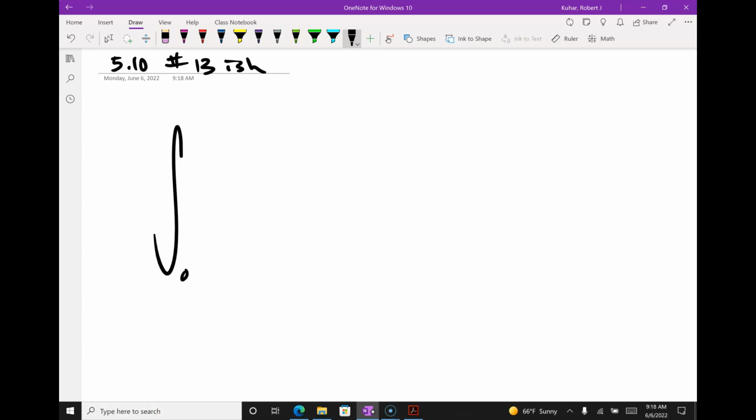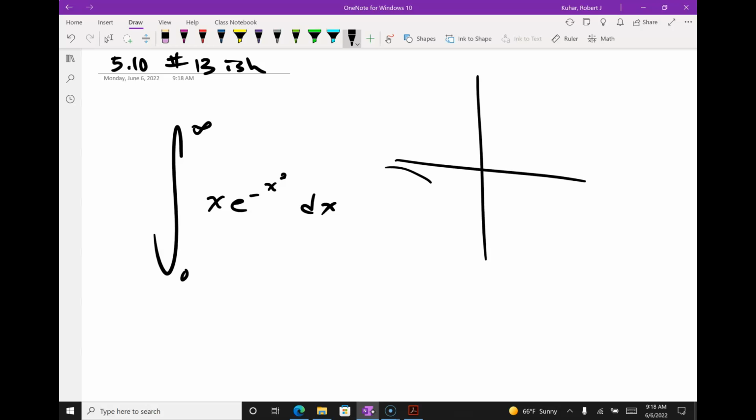Only I'm doing from 0 to infinity of x e to the minus x squared. So this particular graph looks like this. And of course, we're looking at this area here.